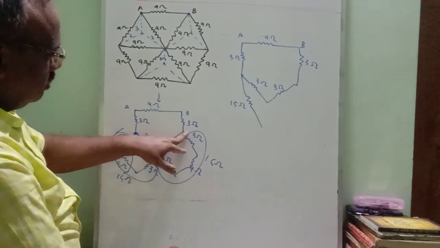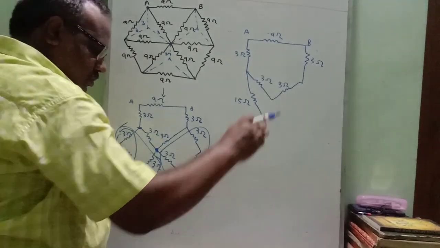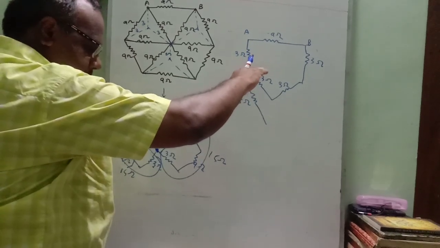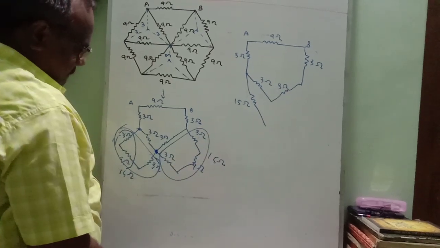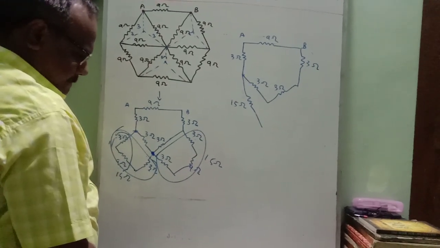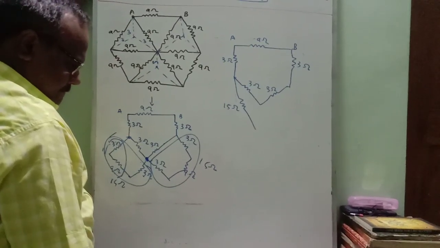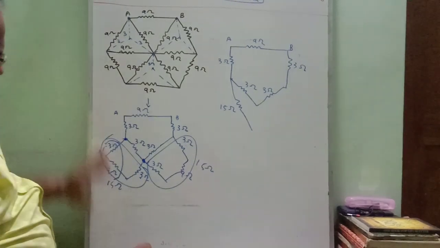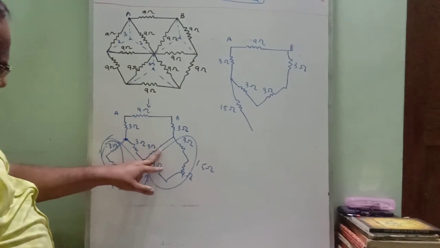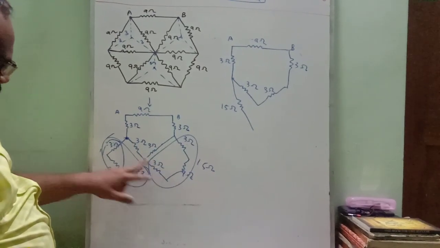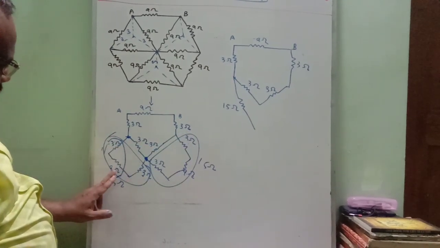This is 3. Then 3, 3, 3, 3. And this is 3, 3. Then 3. This is 9.